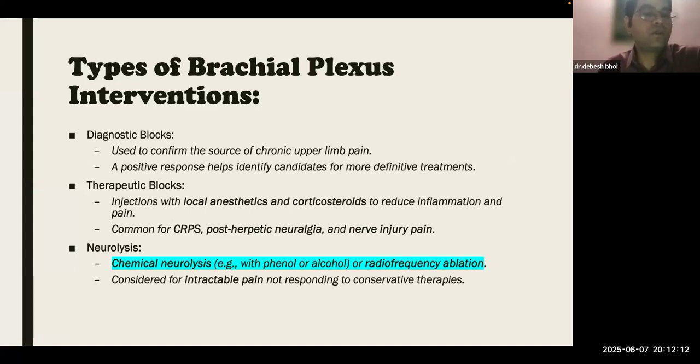The initial diagnostic block can be with local anesthetic or a corticosteroid to reduce the inflammation and pain. Subsequently, you can plan for the definitive one, which might be chemical neurolysis or RF ablation, depending on the cause.